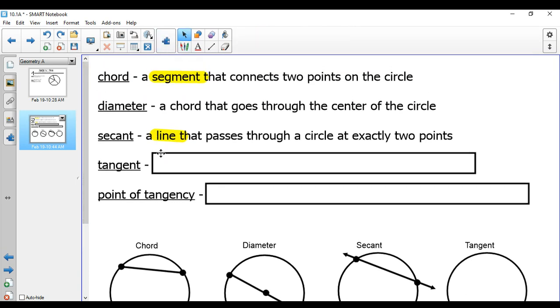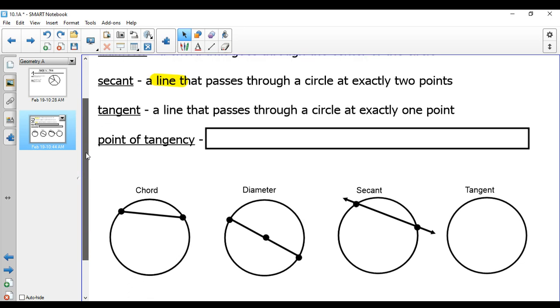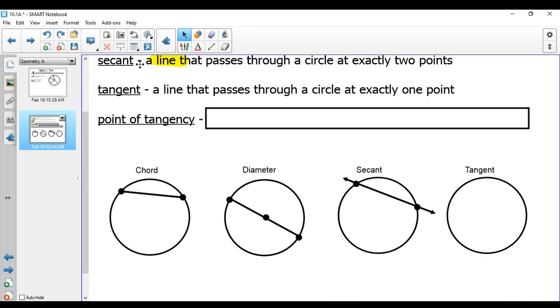All right, let's move on to a tangent. A tangent is a line that passes through a circle at exactly 1 point. So if we want to draw a tangent line, we are only going to draw 1 point on the circle. Let's draw it down here. And we need our tangent to be a line that hits that circle at only that one single point.